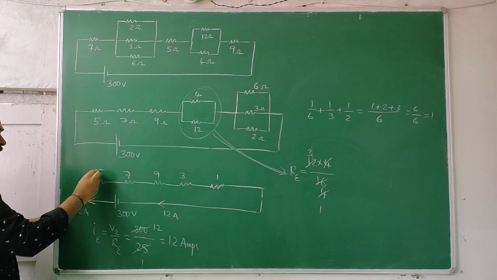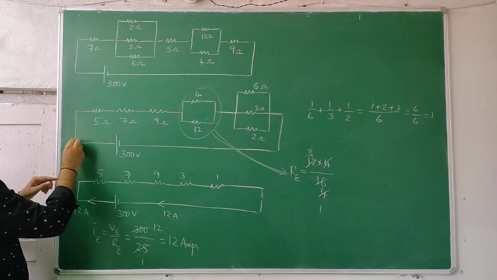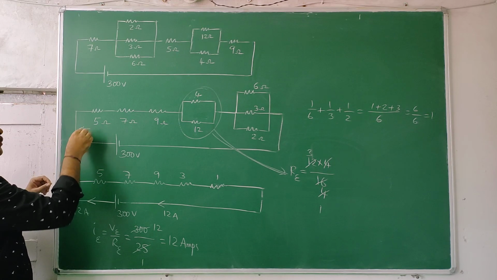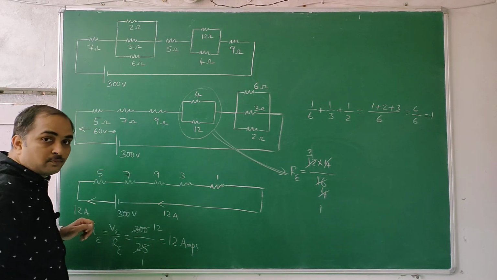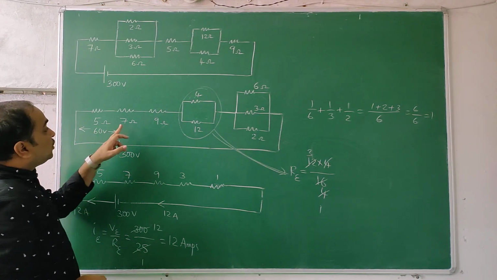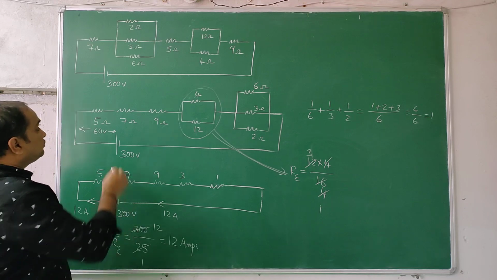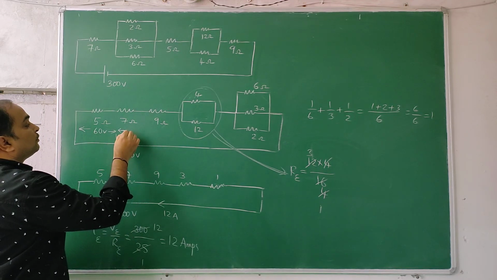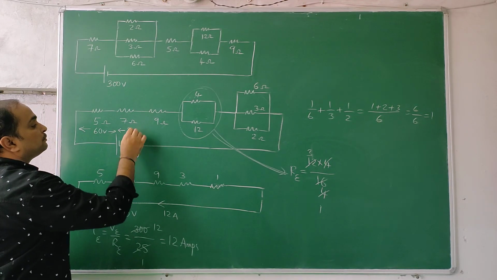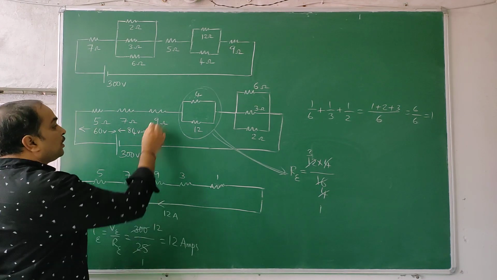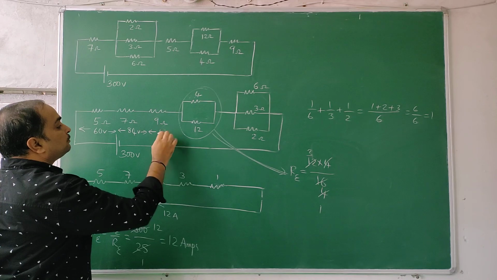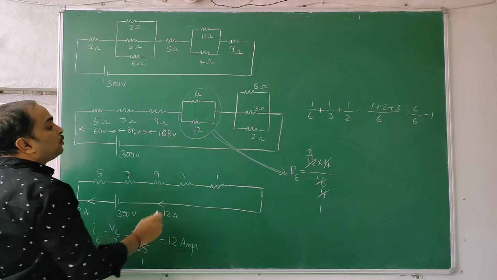So 12 times 5 is 60. Across this there will be a potential drop of 60 volts. 12 times 7 is 84 volts. 12 times 9 is 108 volts. So there will be a drop of 108 volts here.